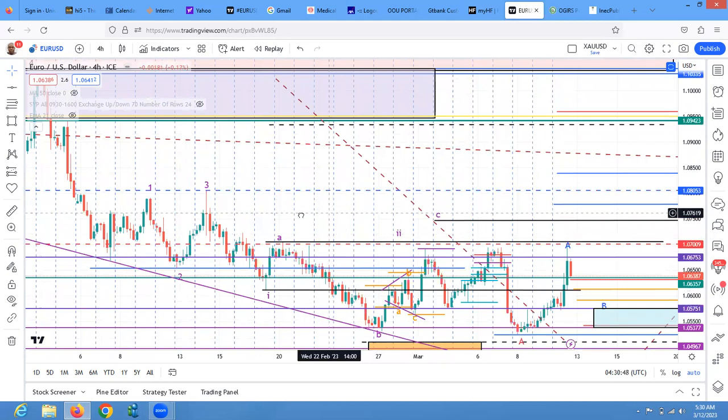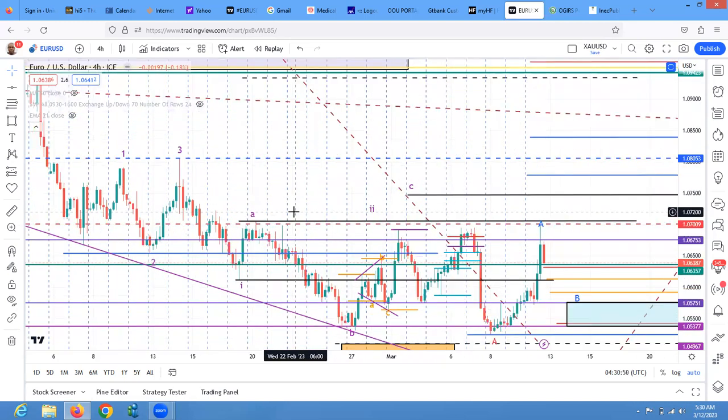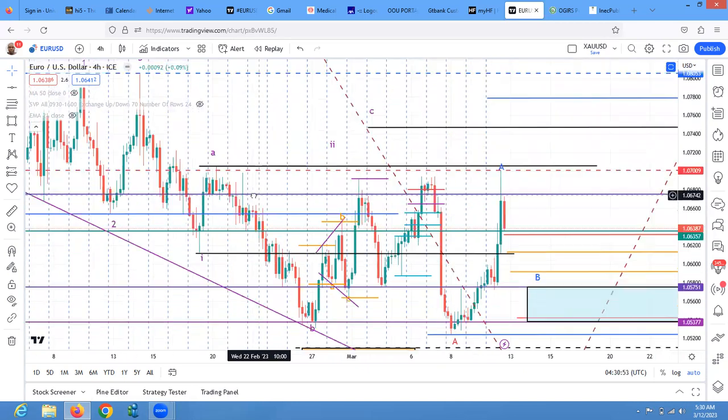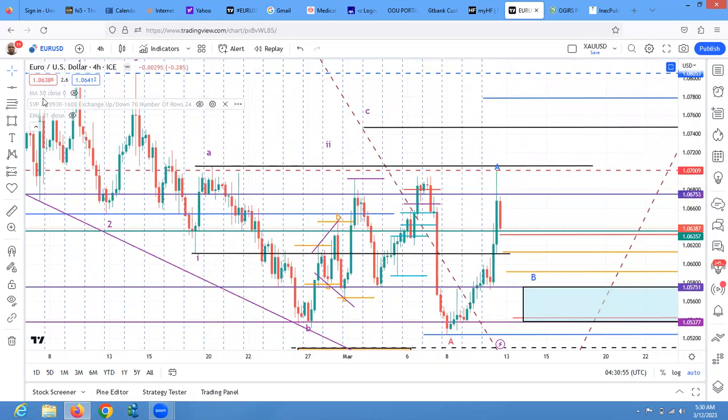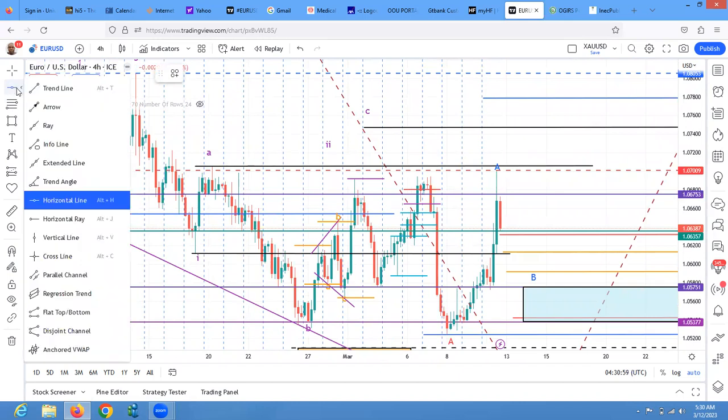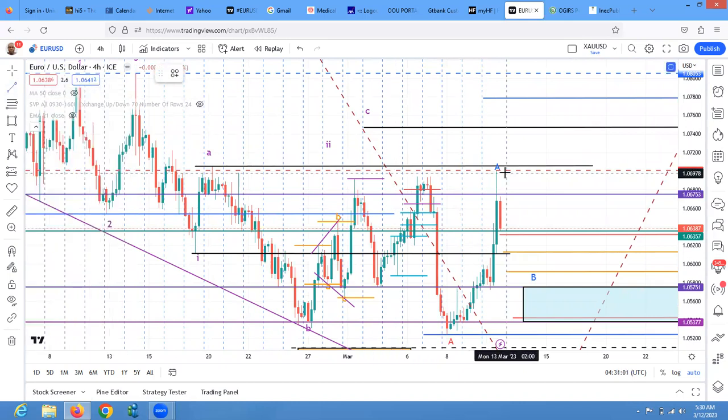So I think that marks the end. Again, let me tell us what we can do to know if price is on its last turn before moving up.